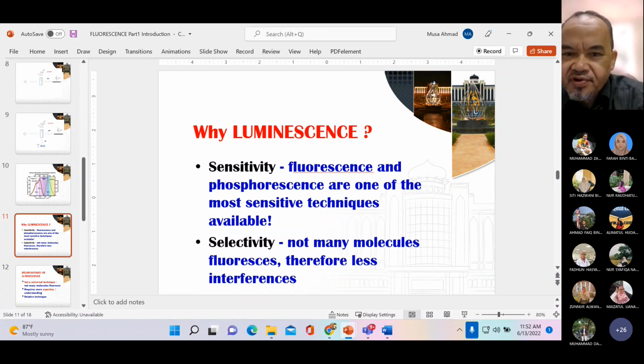If there is a flip in the electron, we call it phosphorescence. If it involves a chemical reaction, we call it chemiluminescence. If it involves the use of radio frequency, we call it radioluminescence. So there are different terms, and we will go into that later on.